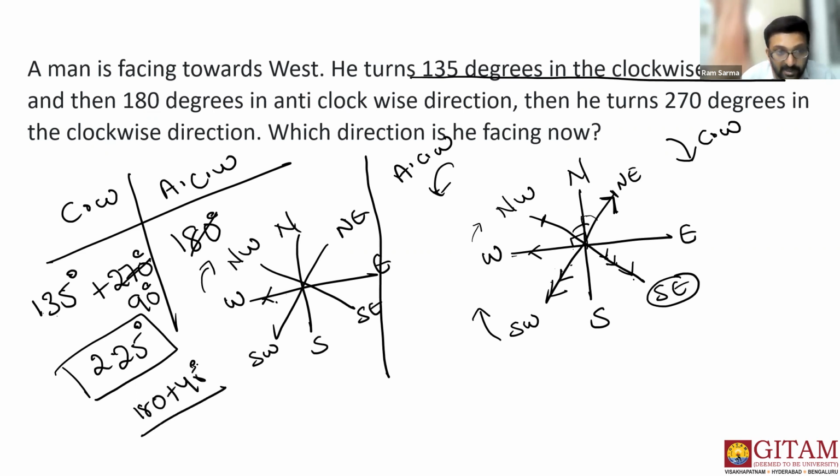You guys should be able to split it this way: 180 plus 45. When a person is facing towards west, if he turns 180 degrees, now he will be facing towards east. From there, 45 more degrees. So he will be facing towards southeast. That's how it works. Now let's move on to the next one.